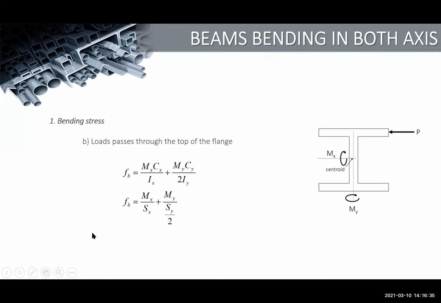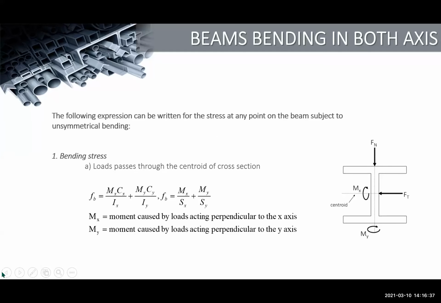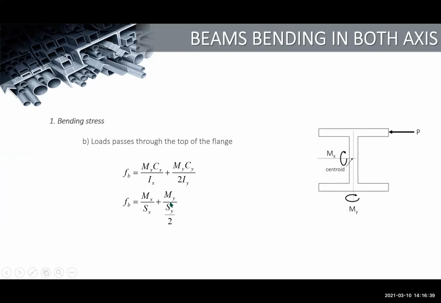And then, if in terms of S, magiging lang namang SY over 2. So, sinubstitute lang natin yung 2I, C, so naging M over SY over 2. So, ito yung equation kapag nasa top ng flange. Again, ang magdi-differ lang is yung sa along the y-axis. Along the x-axis is the same.